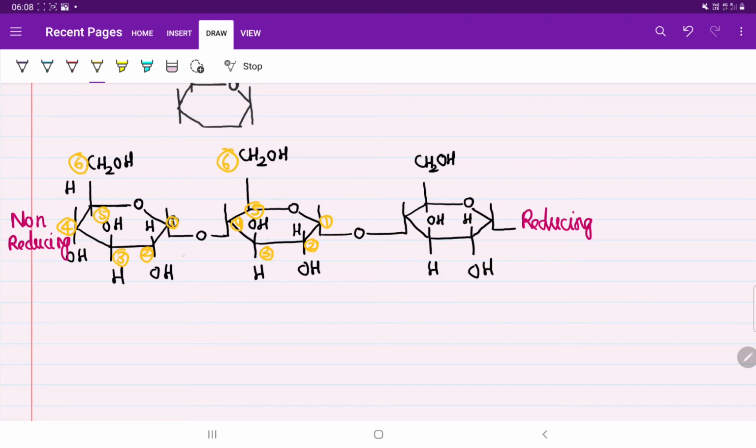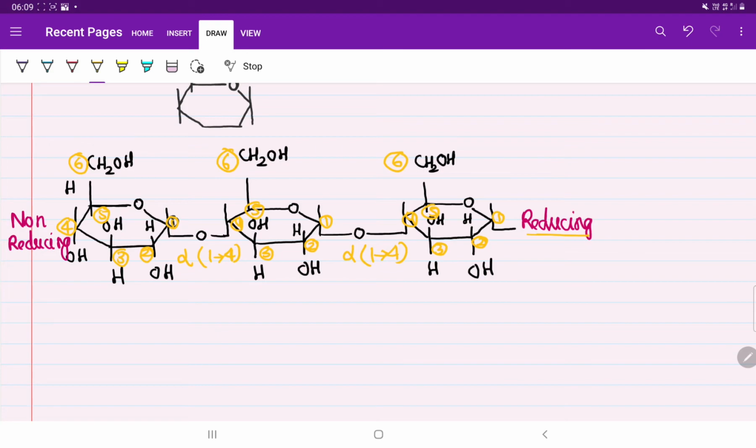And a glycosidic bond is present between first and fourth carbon, an alpha 1,4 glycosidic bond. Next also, only an alpha 1,4 glycosidic bond is present in the next glucose. But even if n number of glucose is added, the last glucose will be free. I mean the last glucose has its first carbon free, then second, third, fourth, fifth, and sixth carbon.